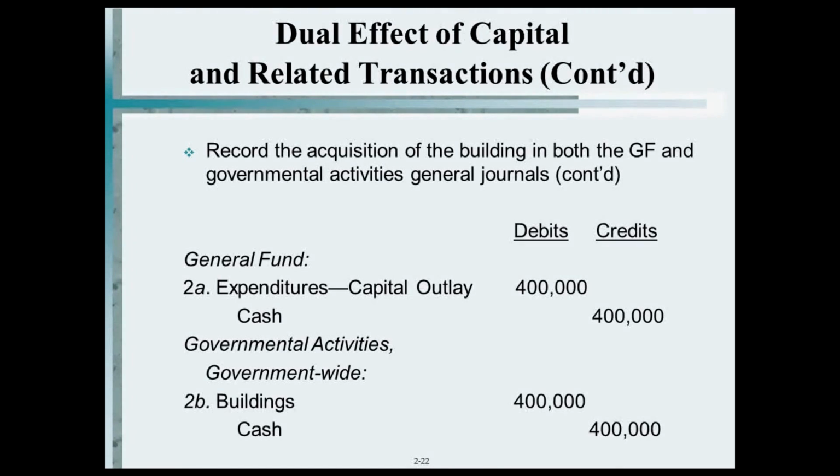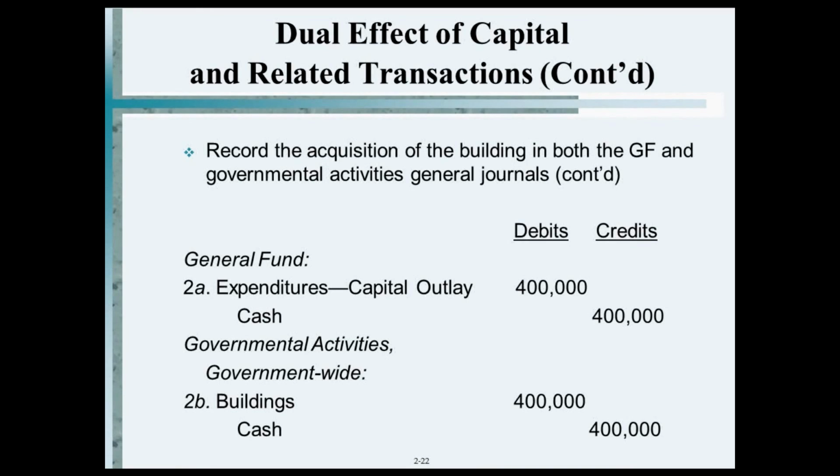So what's the bottom line? The bottom line is, in your head, you got to keep two sets of books. One under a fund basis or modified accrual basis, and the other under full accrual basis. So every journal entry you make, you have to make two.